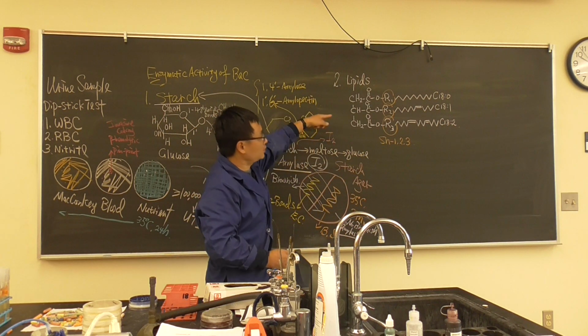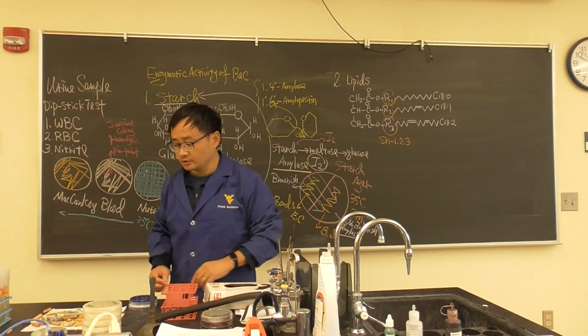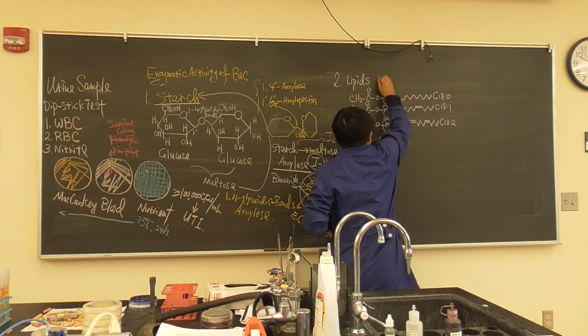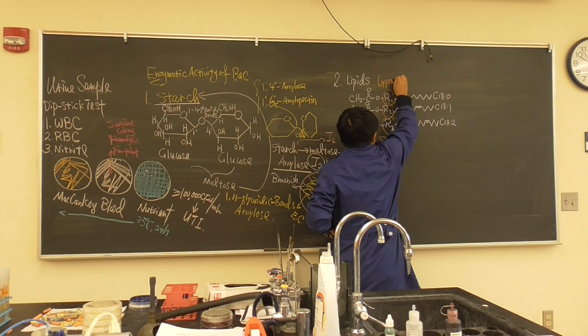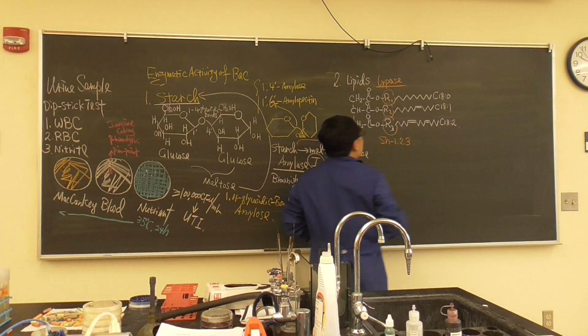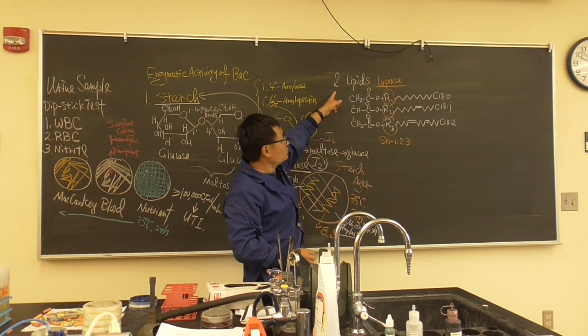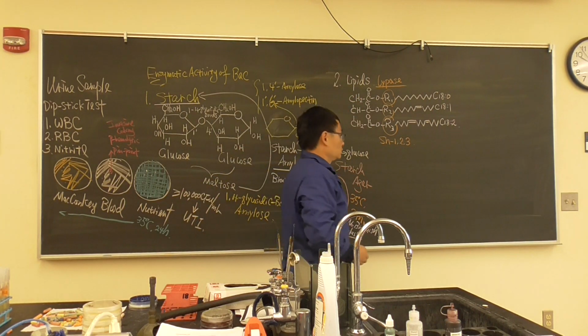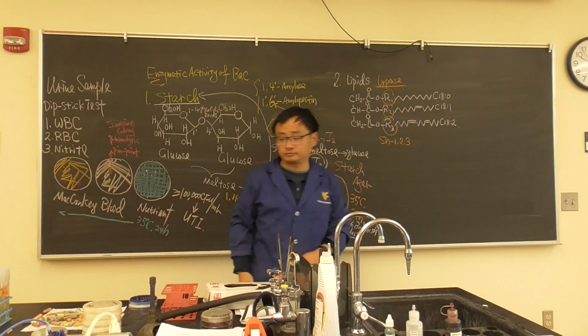Okay, so bacteria can use it. They need an enzyme. What is the enzyme? Lipase. Very similar to lipids, only change the ending to -ase, called lipase. Okay, how do we do it?